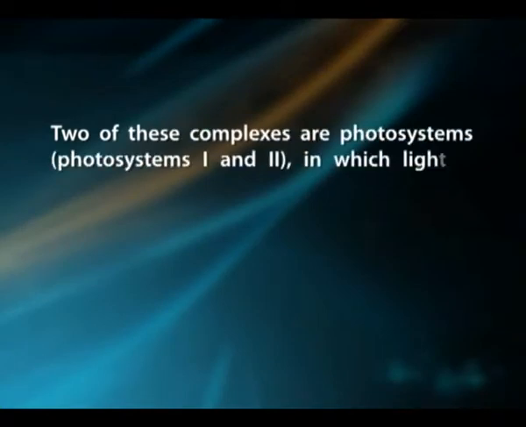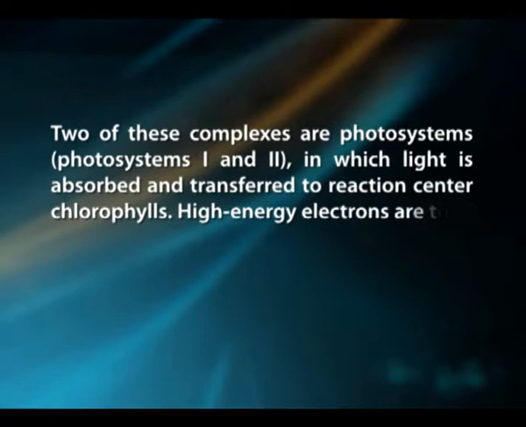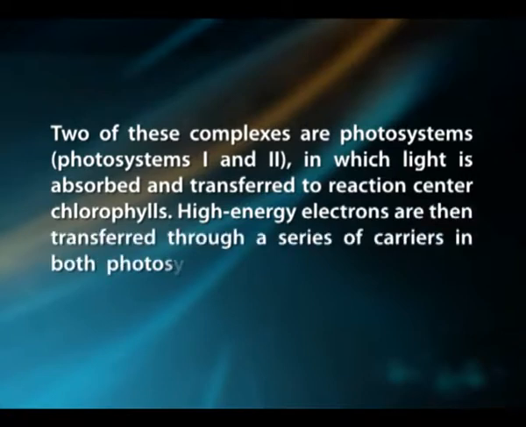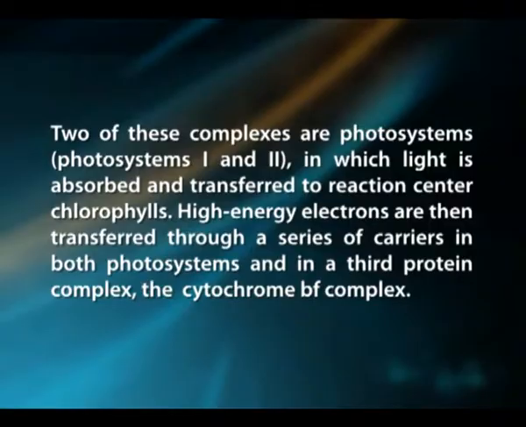2 of these complexes are photosystems 1 and 2, in which light is absorbed and transferred to reaction center chlorophylls. High energy electrons are then transferred through a series of carriers in both photosystems and in a third protein complex, the cytochrome b6f complex.